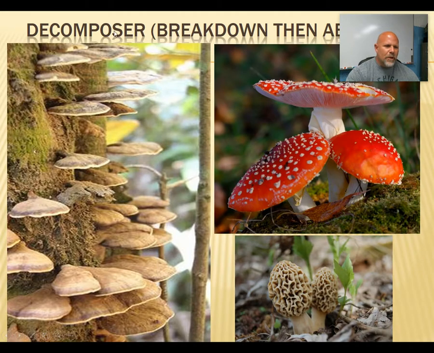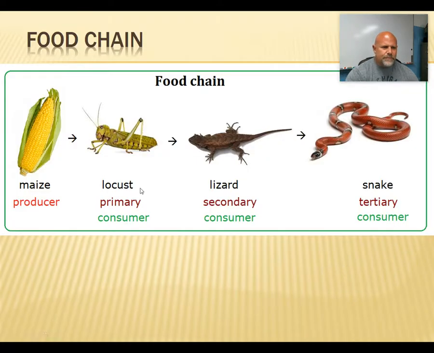Other types of decomposers will break things down by secreting digestive juices into the dead material and then absorbing those digested materials into their bodies. So things like bracket funguses and mushrooms, those are going to do it that way.